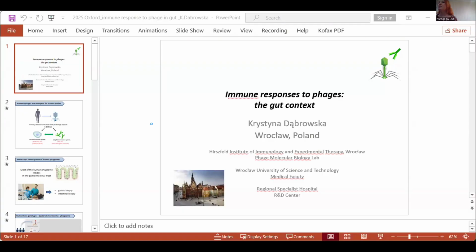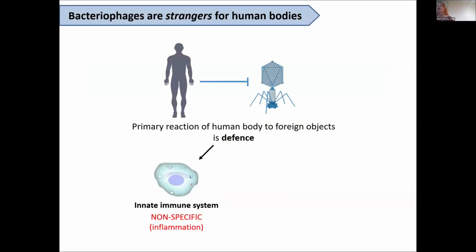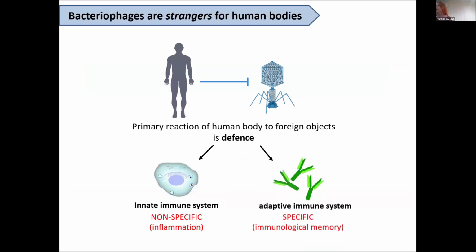The immune system has traditionally been divided into non-specific and specific parts. By tradition, we divide it into the innate part, which is mostly linked to inflammation, and the adaptive, specific part, where we have specific recognition and specific response to individual objects.